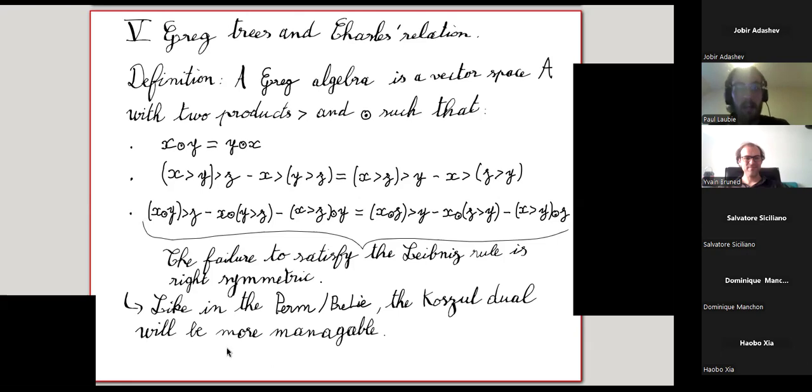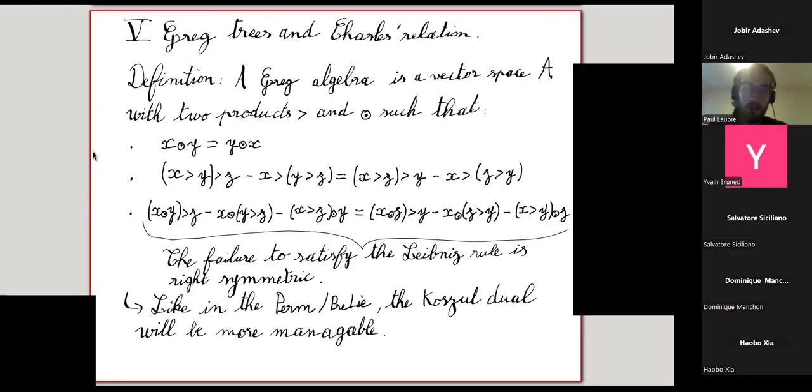However, here, like in the permutative and pre case, the Koszul dual will be more manageable. What I want to say with this sentence is that it will be way easier to describe the free algebra over the Koszul dual than to describe directly the free Greg algebra.